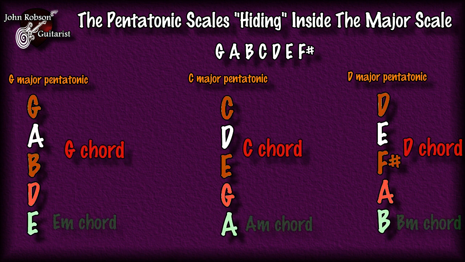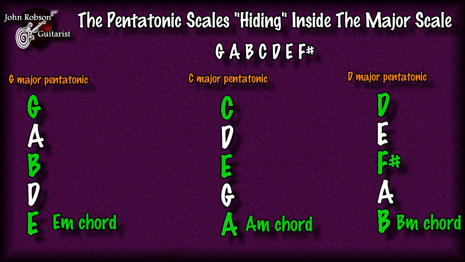But also lurking within these pentatonics, we have another chord. Inside the G major pentatonic, you'll also find E, G and B, which gives us an E minor chord. C major pentatonic also contains A, C and E, which give us an A minor chord. And finally, inside the D major pentatonic, you will find a B minor chord, B, D and F sharp.